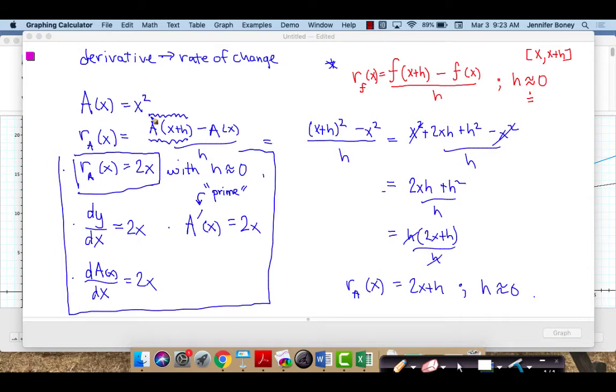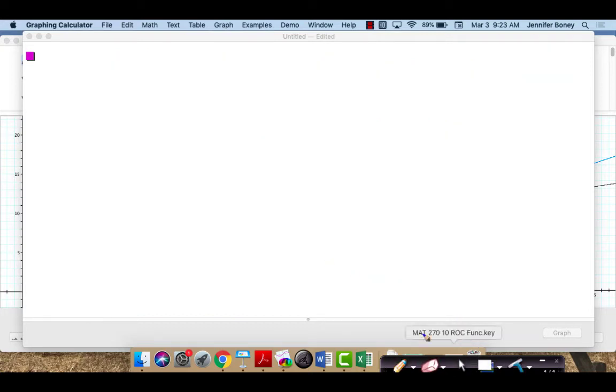So let's talk about that. All right, so if I have a of x equals x squared, and the rate of change of a of x with respect to x is given by 2x, that means, visually speaking, I'm on GC, I should almost just graph this way.